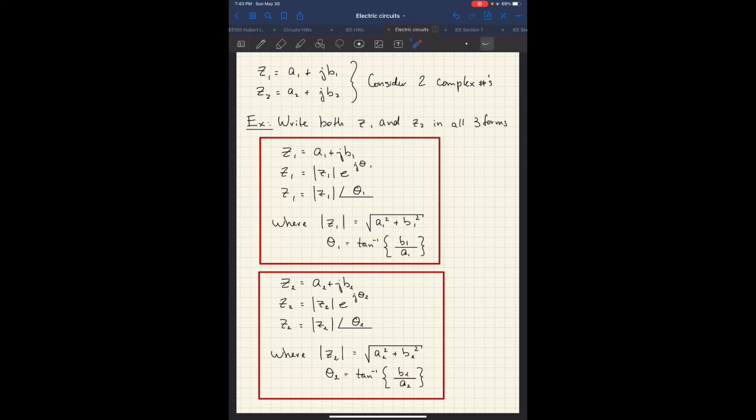So for the sake of time, I wrote out the solutions over here, right? So to write them both in all three forms, z1 is a1 plus jb1. This is our rectangular form. This one will be exponential.